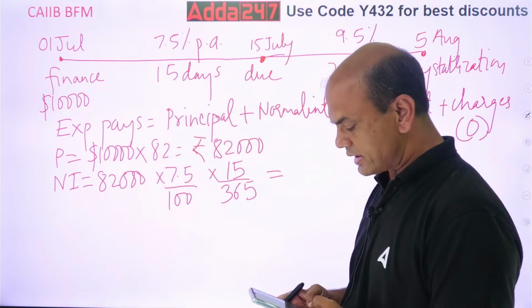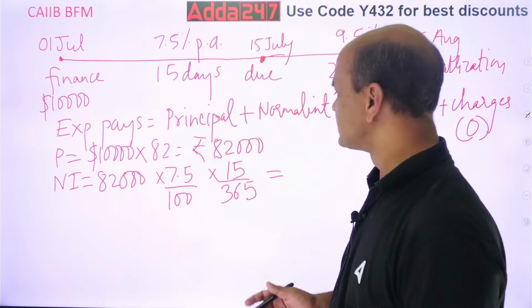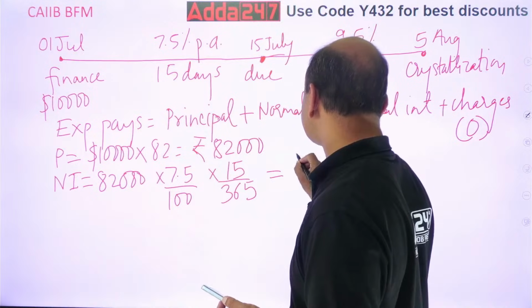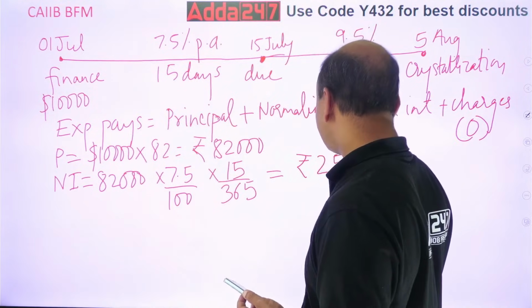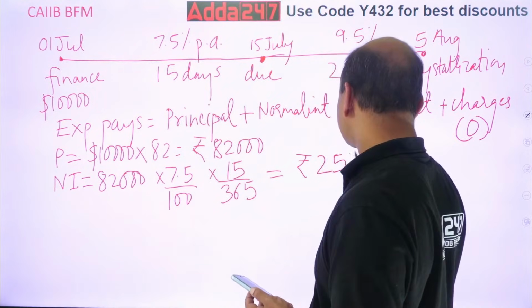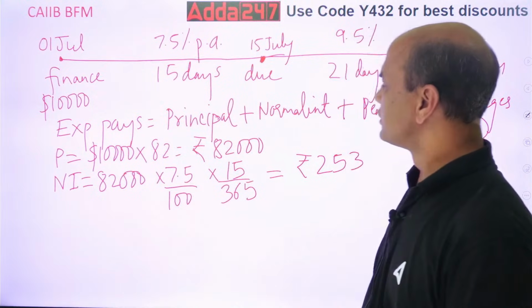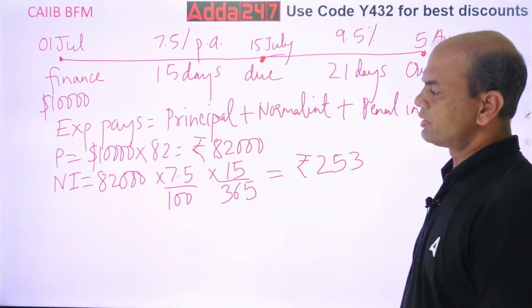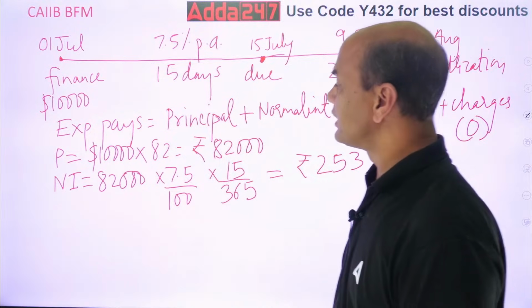So you are getting 252.7, so 253 rupees.